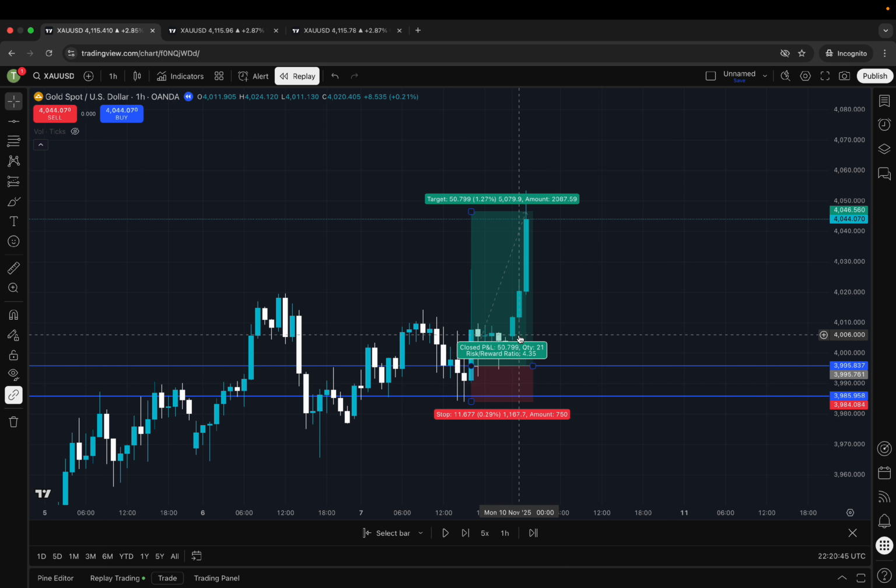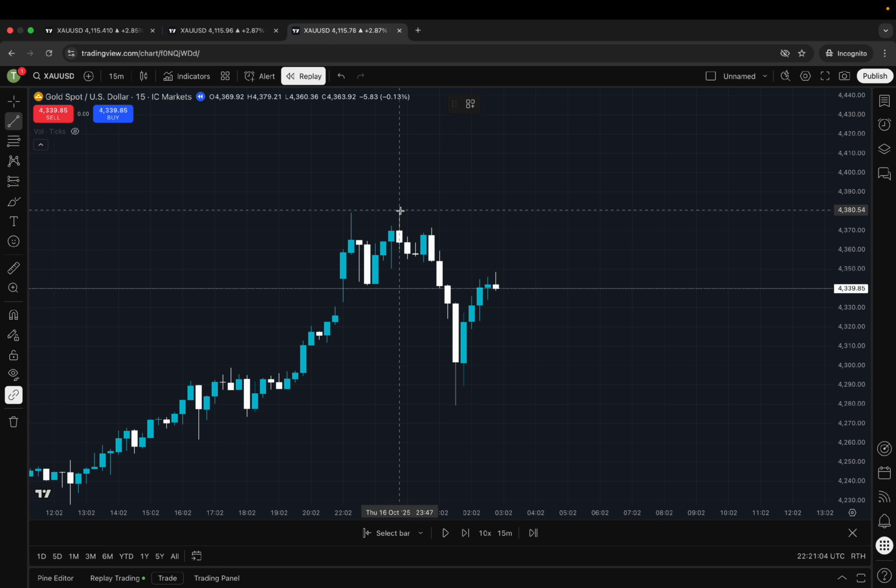Now I'm going to be moving over to a supply zone example where we look to take short positions. The first thing I can see we're going to do is mark out our last up candle before the big move down. So we can see this is the big up candle right here. We can just mark this out.